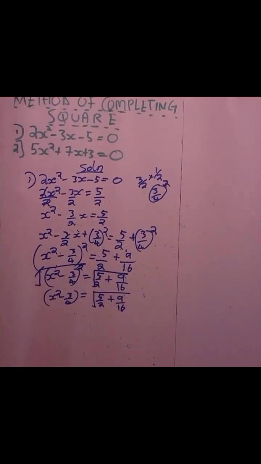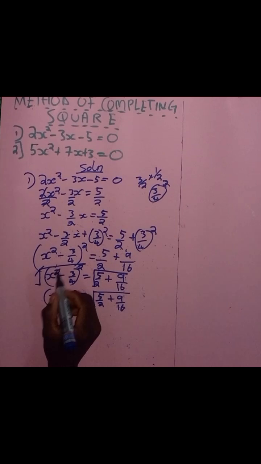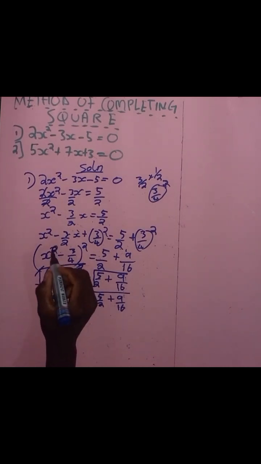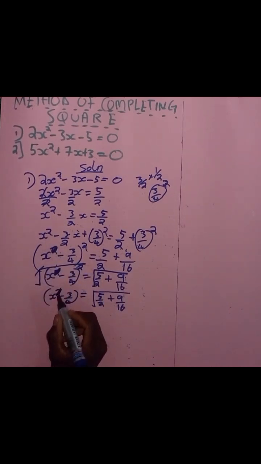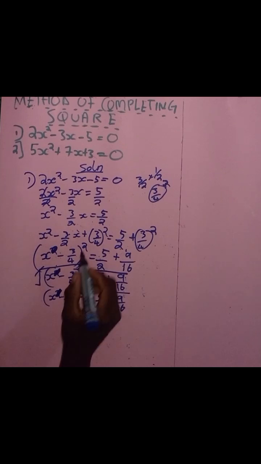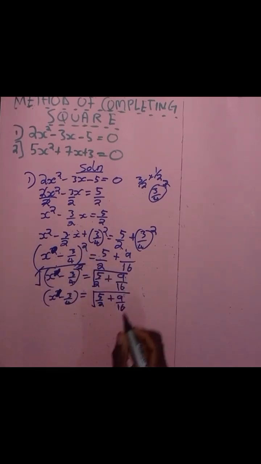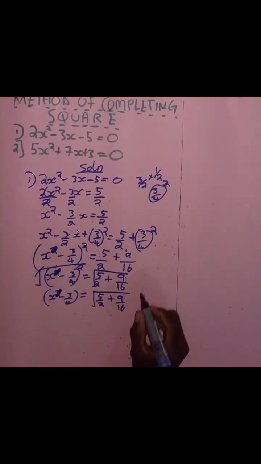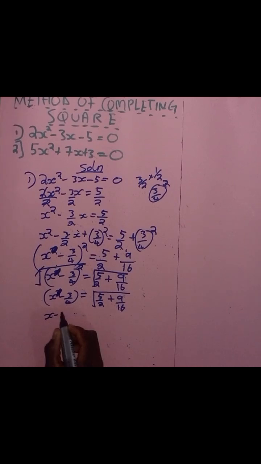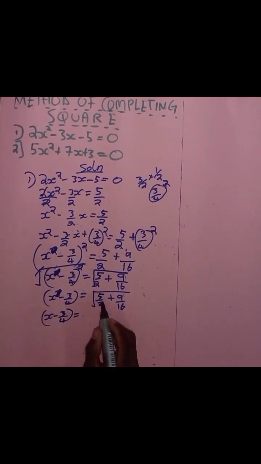We are to break here down like this. Okay, sorry, here we cancel the square because we already put it here. Okay, let's say that in here we are having x minus 3 over 4 is equal to, let's break this down.